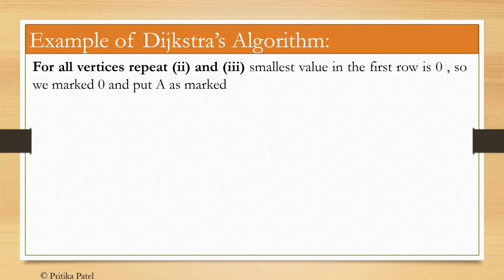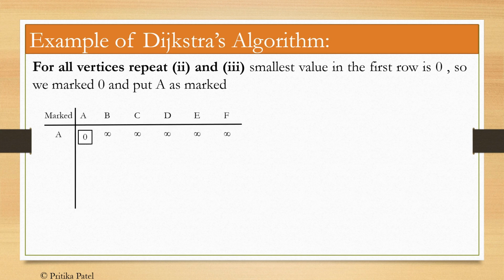Here in the first row, 0 is the smallest value, so we mark 0 and put A in the marked vertex column.